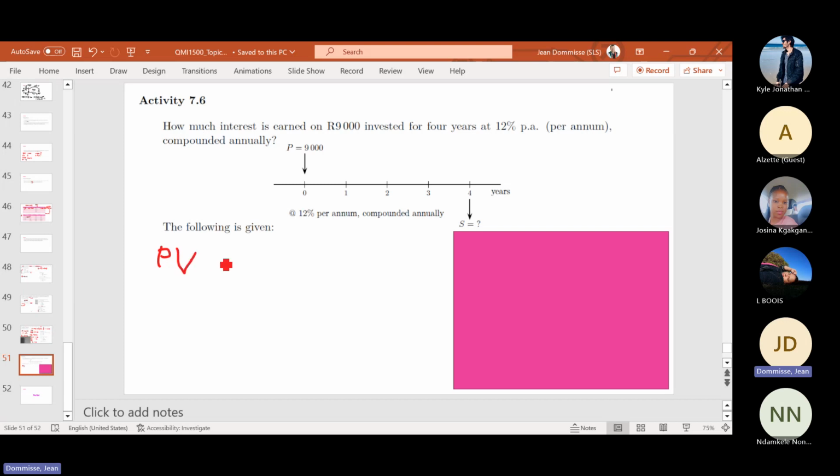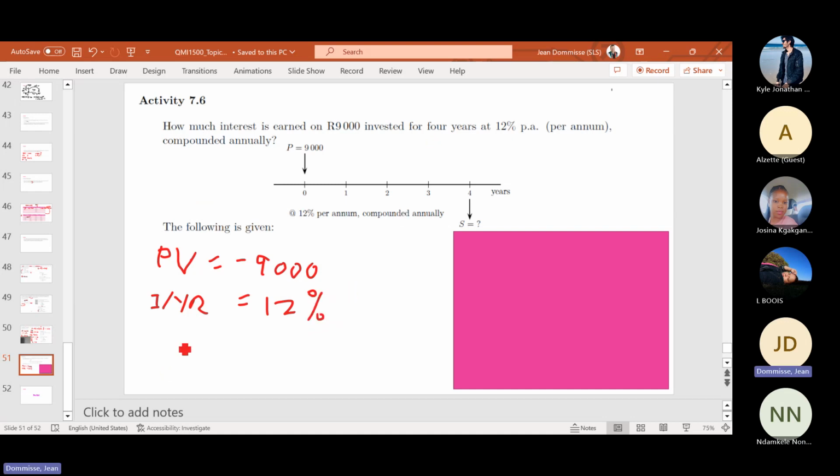Now you can use your financial calculator as well. We've got the 9,000 as a present value. You've got your interest of 12%.